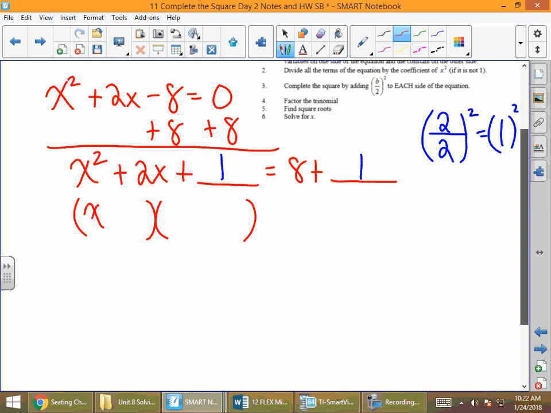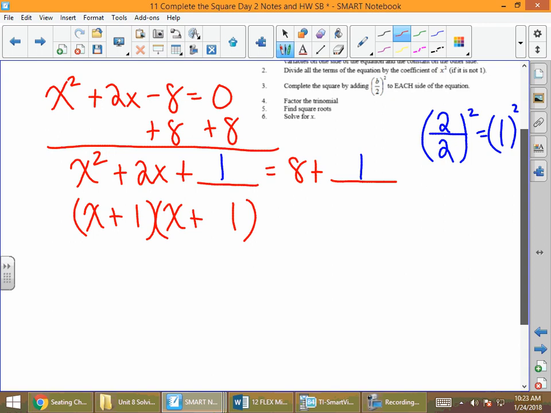We know that x squared is x times x. Well, when we look to the far right on our screen, we see that 1 squared. This is going to be plus 1. I know 1 squared is 1, but it's the value of 1 in the parentheses that we're using for our factoring.